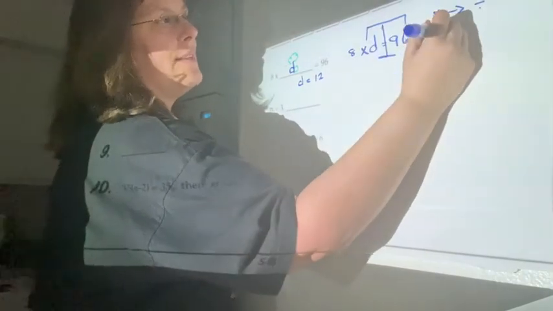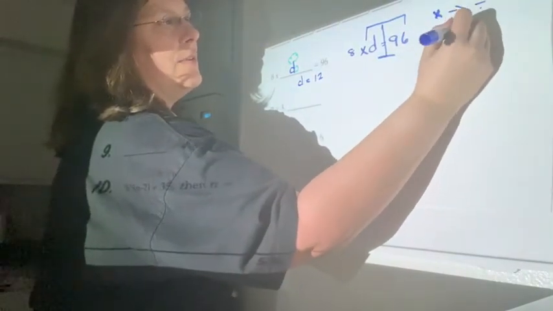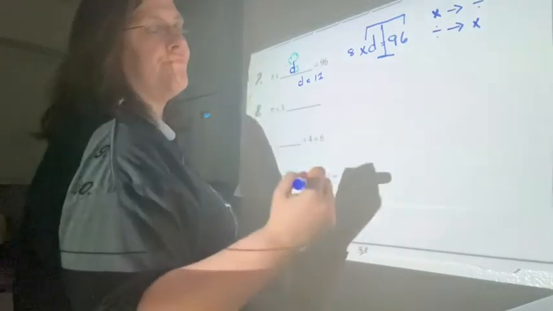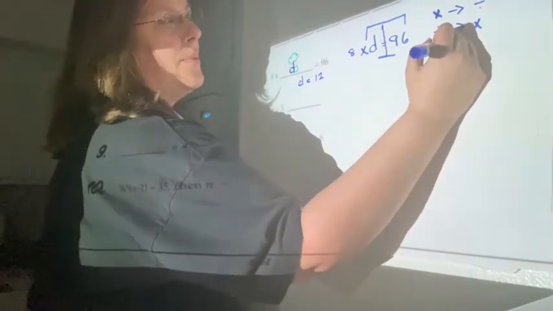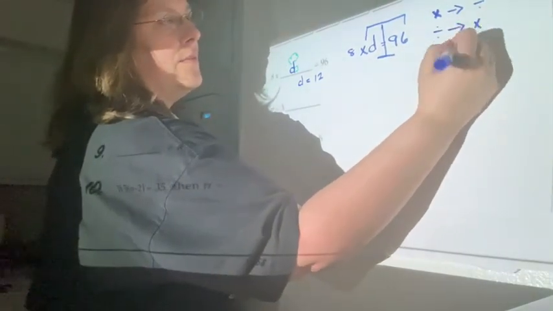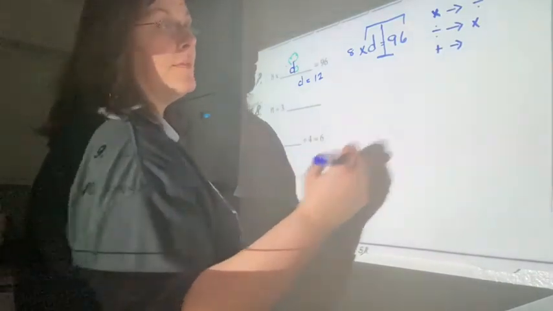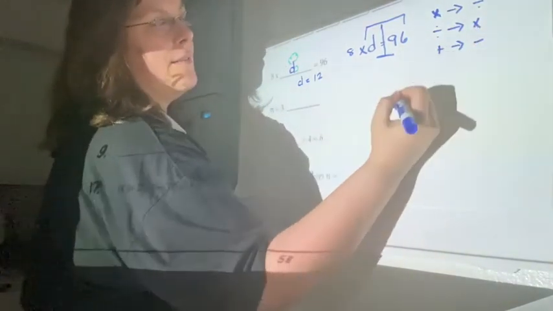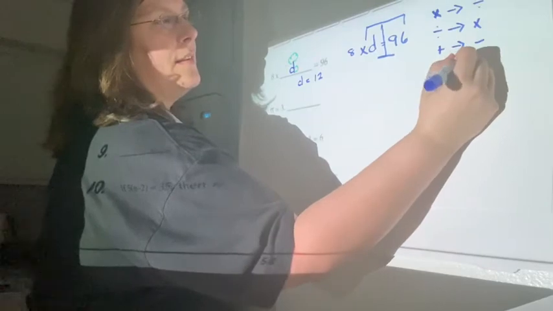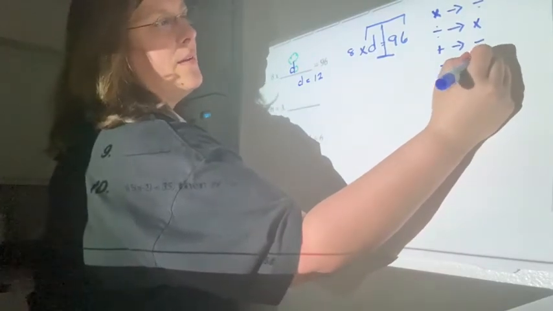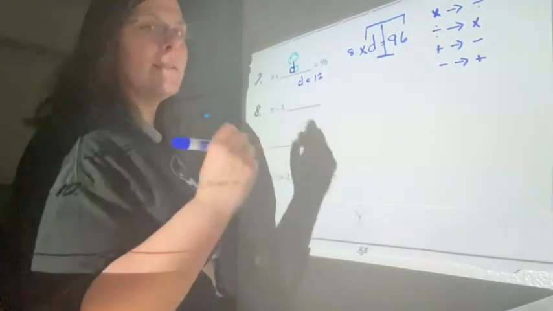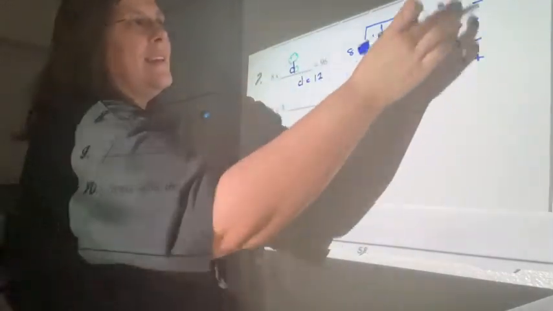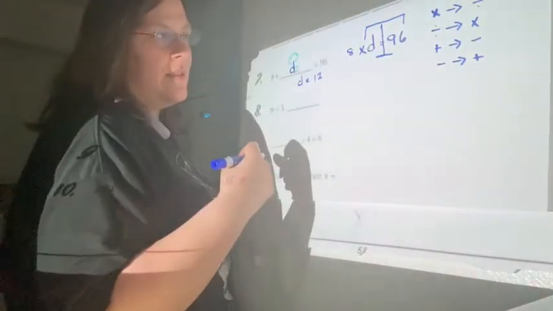If you have it as a divide, you would do it into a times. If it is a plus sign or a positive, you would make it into a negative. And if it is a negative, you would make it into a positive. It sounds complicated, but once you get it in your head, it becomes common sense.